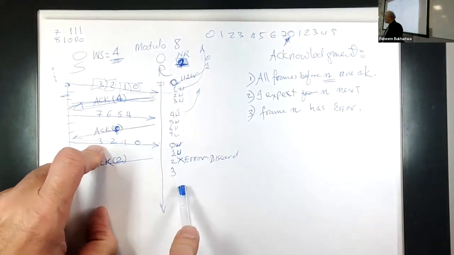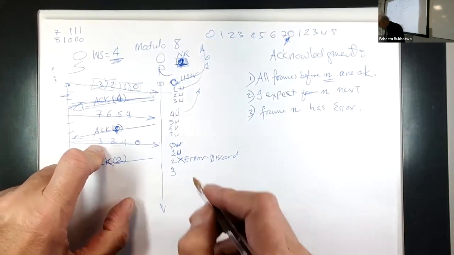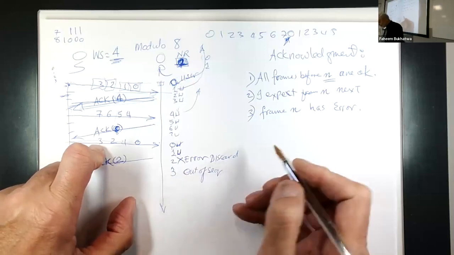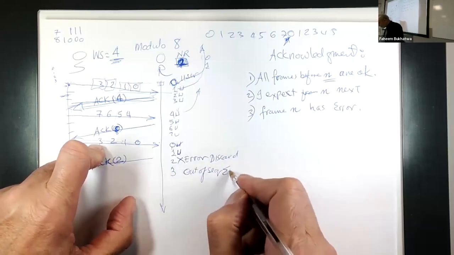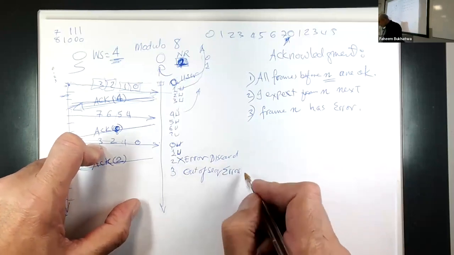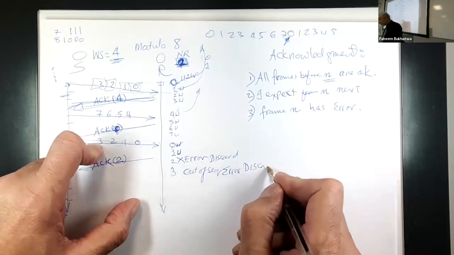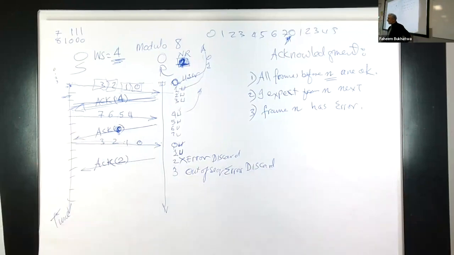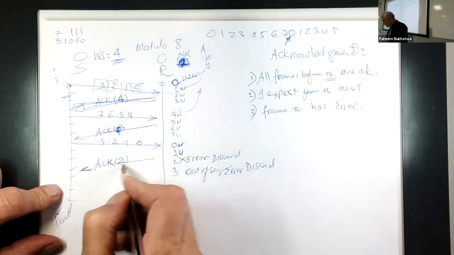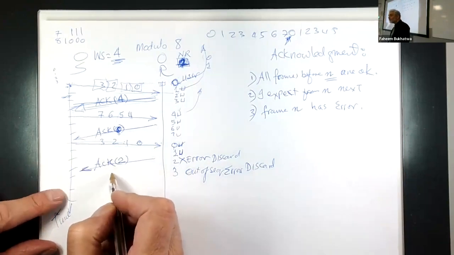I'm not waiting on number 3. So this is an out of sequence error. It's just that kind of error. What do I do with it? Discard it, and normally send an acknowledgement to the sender. But we've already sent the acknowledgement 2.